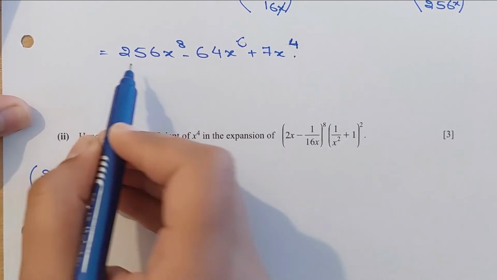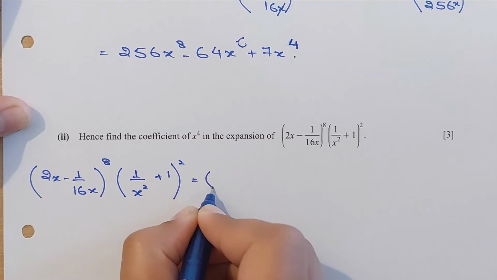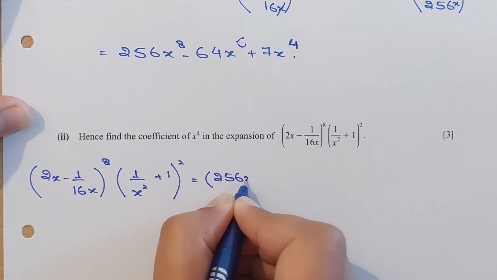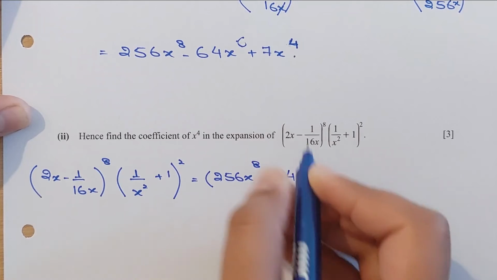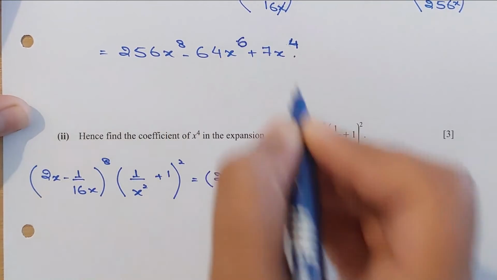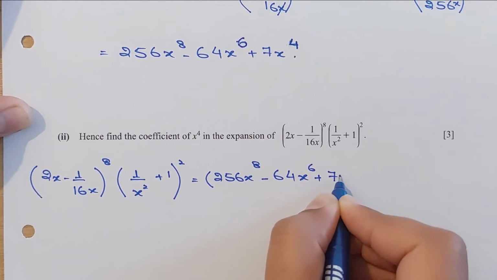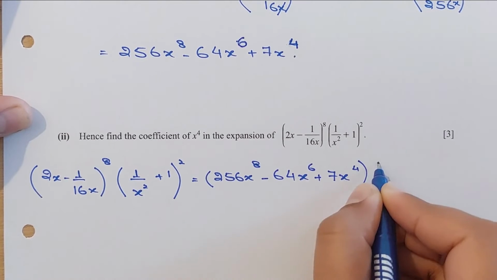The first three terms in descending powers are 256x^8 - 64x^6 + 7x^4.